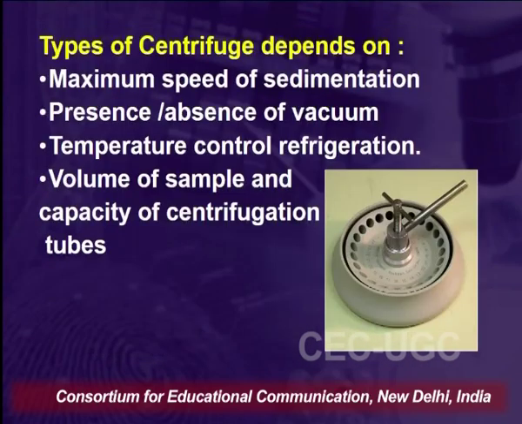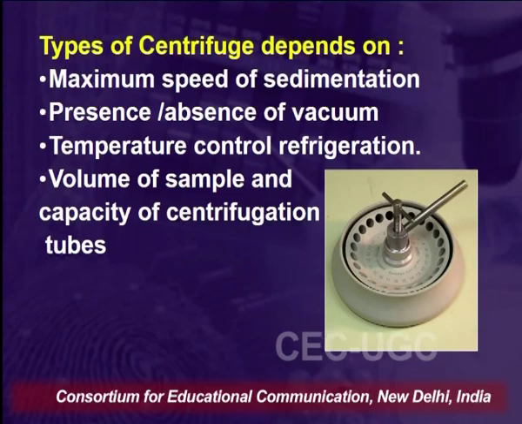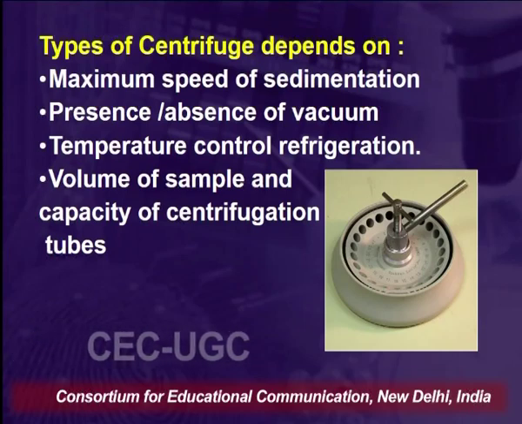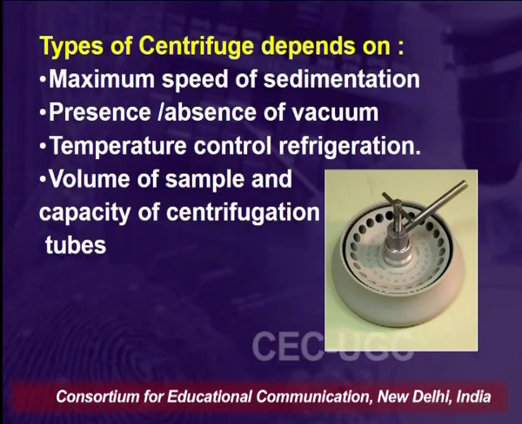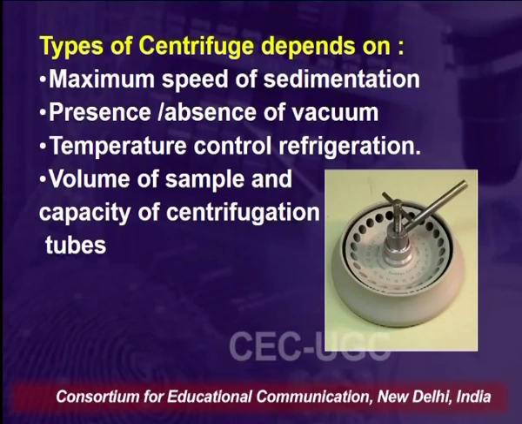Now, this is how a centrifuge looks. Depending upon what kind of centrifuge it is, different kinds of tubes can be used. For example, there are microcentrifuges where we use micro tubes having the volume of 2 microliter, 200 microliter, 500 microliter or 2 ml, or we have rotors where we can use tubes of 10 ml, 50 ml or 100 ml.